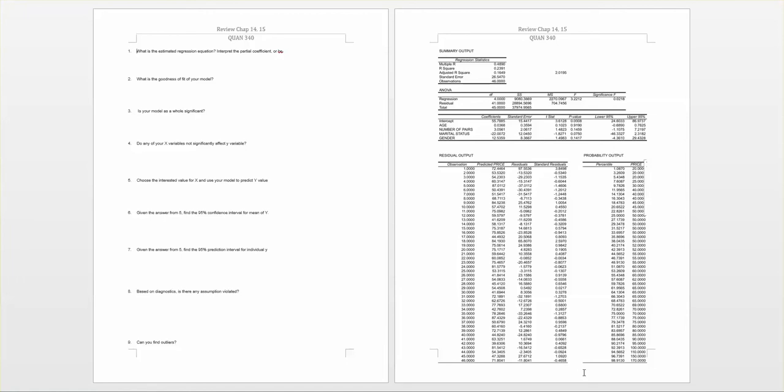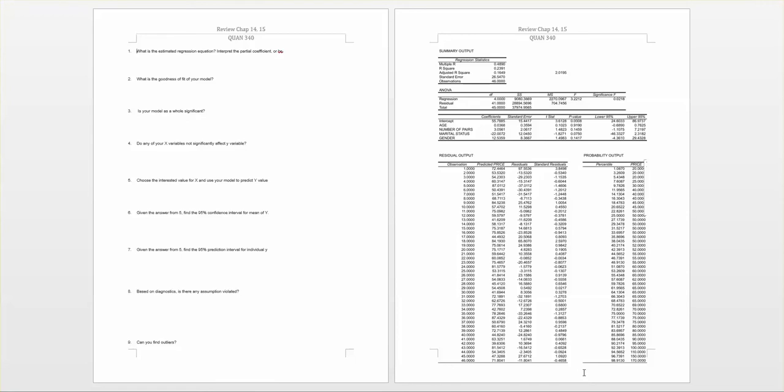And next you need to combine that information into paragraphs to write a good statistical report. For the first question, if you remember Excel homework 4 and 5, I always ask: what is the estimated regression equation?